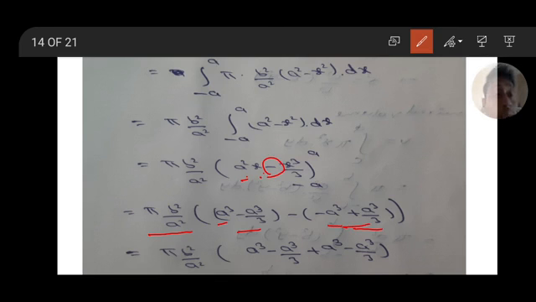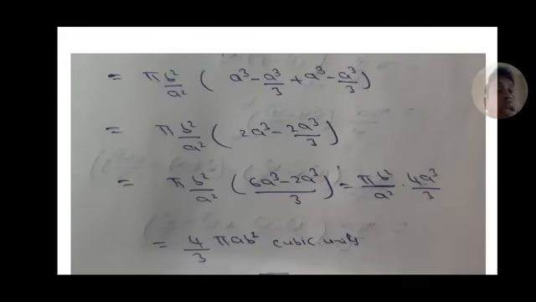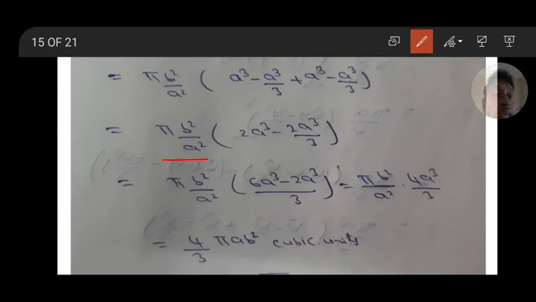So multiply with minus pi b square by a square, a cube minus a cube by 3, minus into minus plus a cube, minus into plus minus a cube by 3. a cube plus a cube, 2a cube, minus a cube by 3, minus a cube by 3, minus 2a cube by 3, means 2a cube minus 2a cube by 3. Okay. Pi into b square by a square, 2a cube minus 2a cube by 3. 3 is the LCM, pi into b square by a square, 6a cube minus 2a cube by 3. 6a cube minus 2a cube means 4a cube by 3.